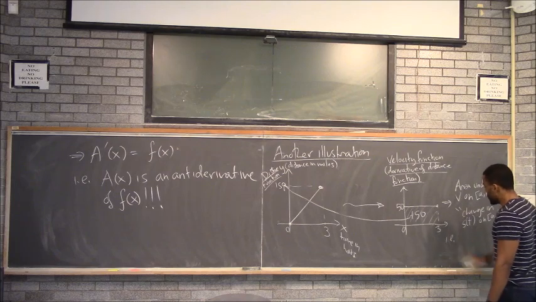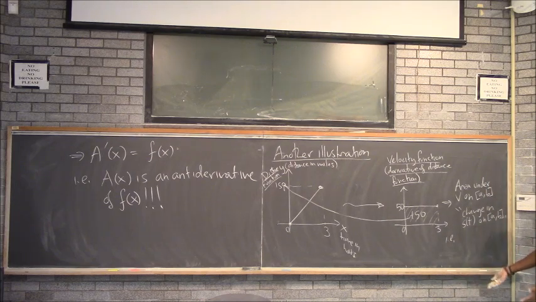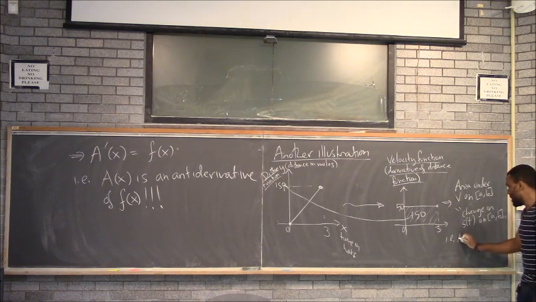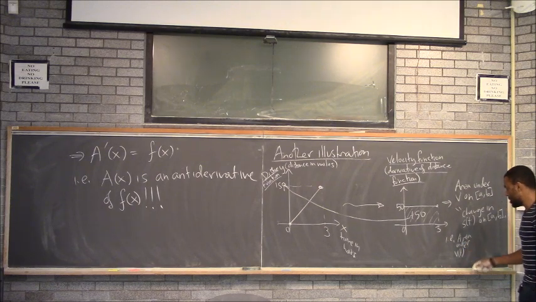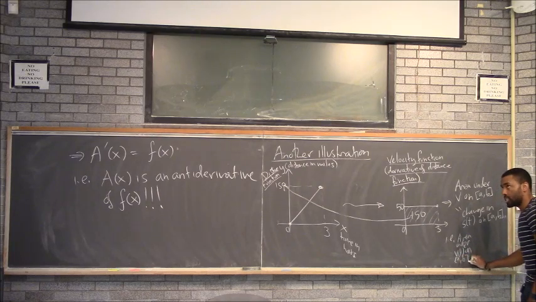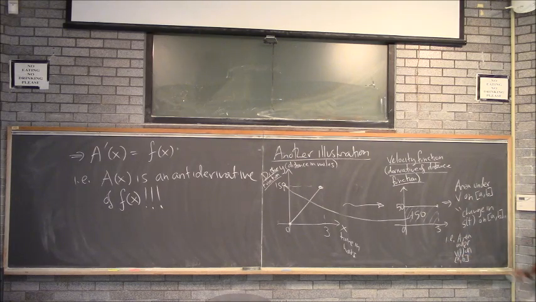Something you would notice in pretty much every example you would come up with is that if I wanted to find the area under V, and we're going to have a nice notation for this pretty soon, I can compute this by taking the output of the antiderivative at the final point minus the output of the antiderivative at the initial point.